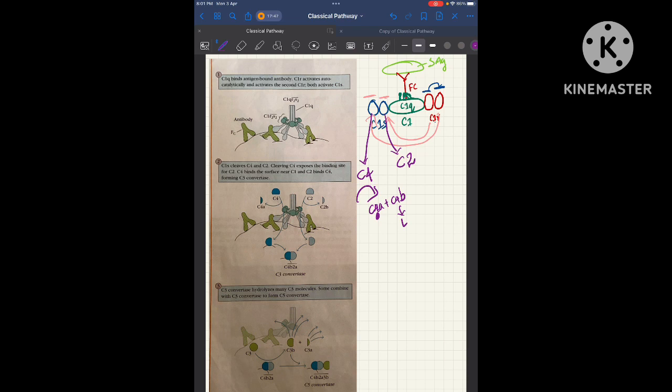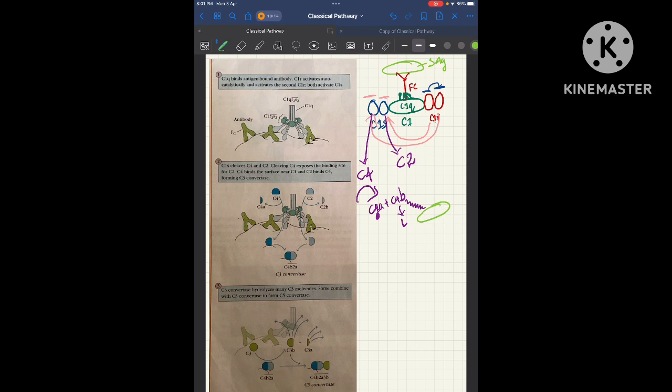Now C4b exposes its membrane binding site. With this membrane binding site, C4b attaches to the surface of the antigen. Especially it will attach in the vicinity of where the C1 complex is bound; at the vicinity of that itself C4b binds.